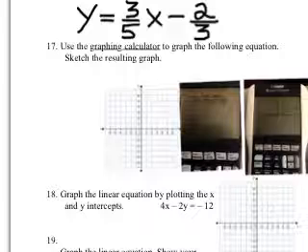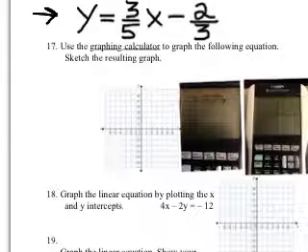Number 17. Use the graphing calculator to graph the following equation, sketch the resulting graph. Actually, it's right, it's the equation right there. Alright, so when you want to graph in your graphing calculator, first you put the equation in y equals mx plus b form, or the slope-intercept form, which is what it is in already.